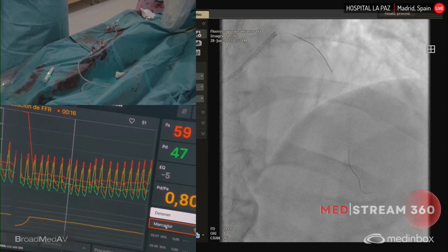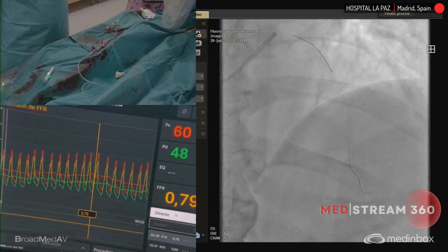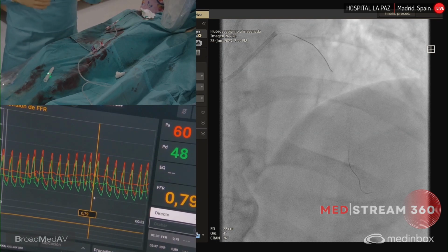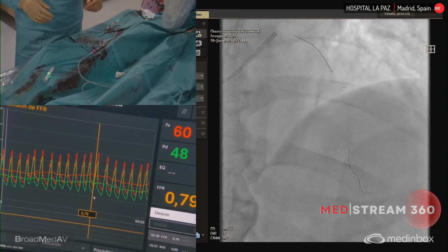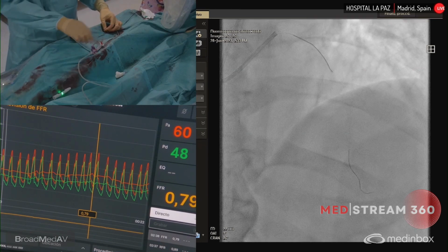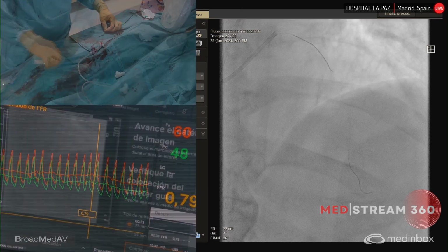So here the FFR is 0.79, 0.80. The initial one was 0.72. It is better, but the result is there. Probably there's something in the microcirculation in the distal vessel that is producing this. So we are retrieving the pressure wire and performing the final OCT with the contrast media.